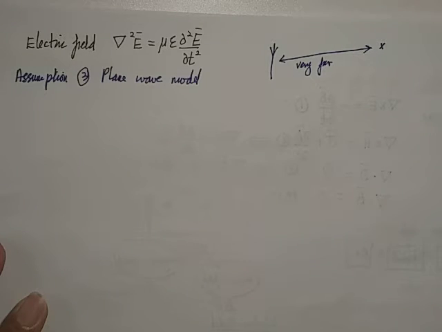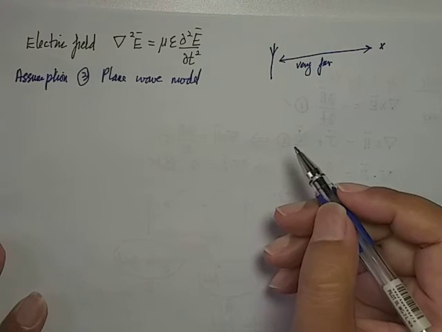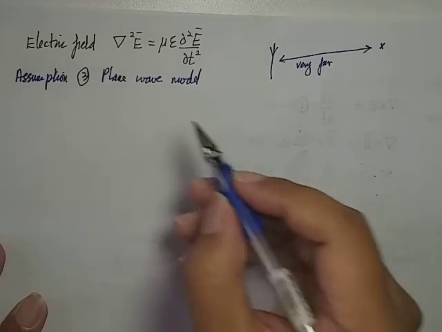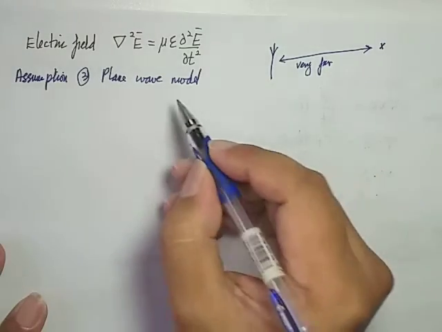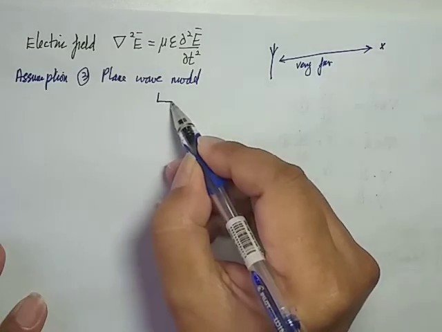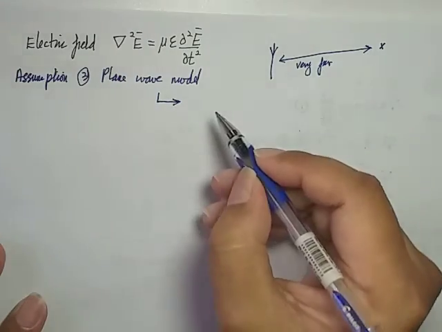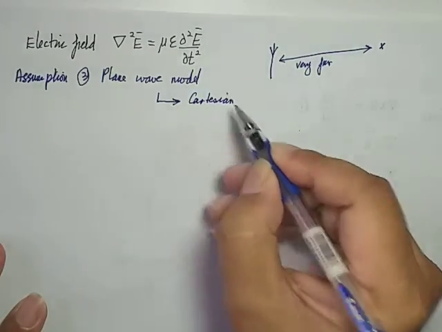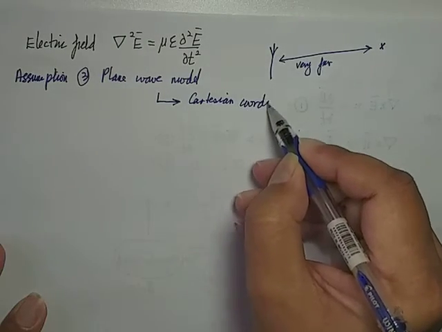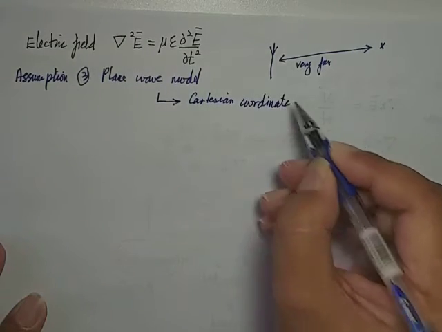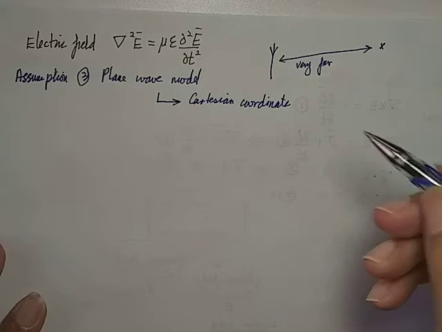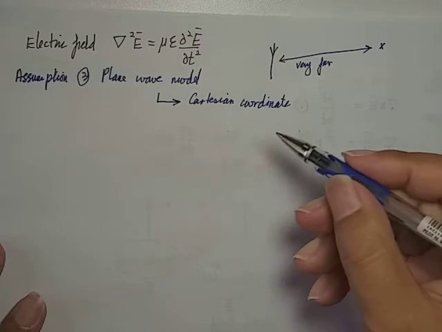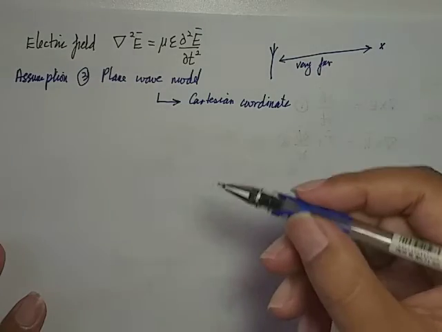Why is this very important? Because when you assume your model to be a plane wave, by default the only coordinate that we're going to use in this analysis is the Cartesian coordinate. So why do we always assume our coordinate to be Cartesian? Yes, to make the model simple.